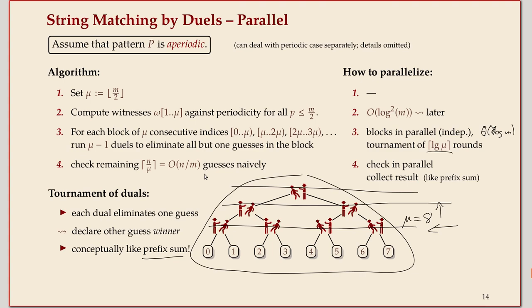A pattern matches a certain substring of the text if all the characters match. That's an and between. Do the first two match? Do the second two match? The third two match? So you can compute the matching results in parallel on different processors, but then you have to compute the and of all the results.